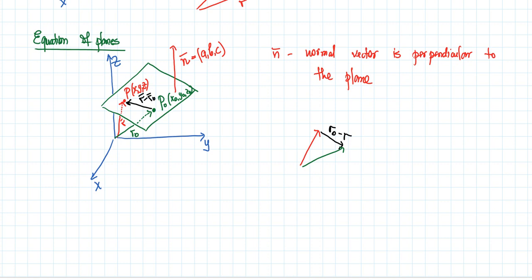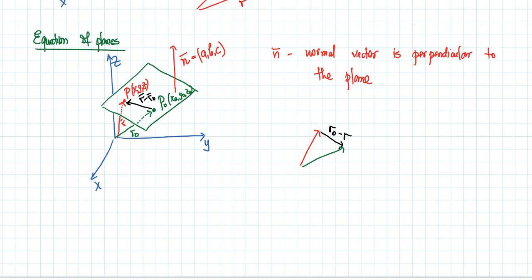Okay. So now, what is the connection between this black vector and the red vector? Please note that the normal vector, you've got a plane, and you can put this normal vector in any place. Wherever you put it, it is going to be perpendicular to the plane. This is the feature of the normal vector. So now, what is the connection between the normal vector and this vector?